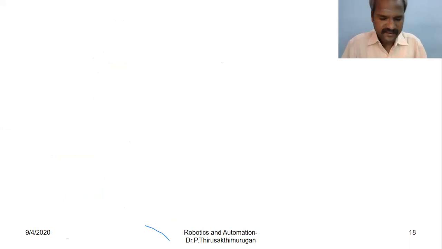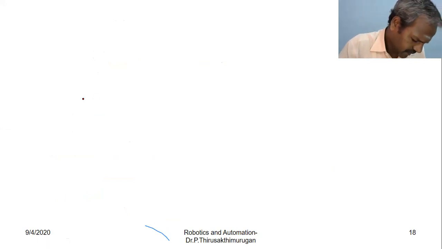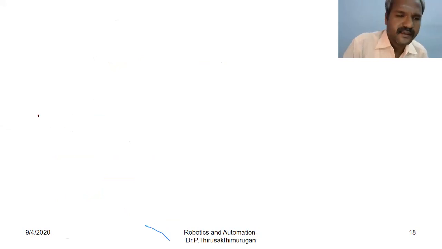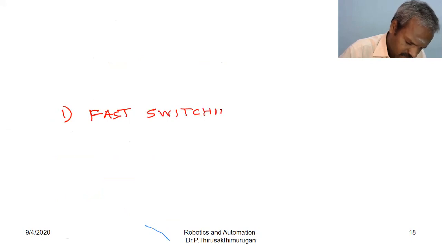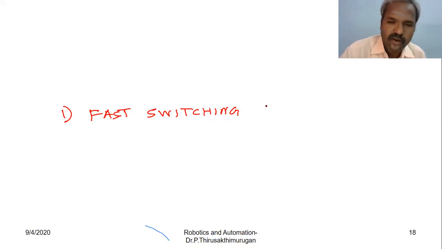Let's see the applications of the inductive transducer. Application number one: non-contact, fast switching without any contact.